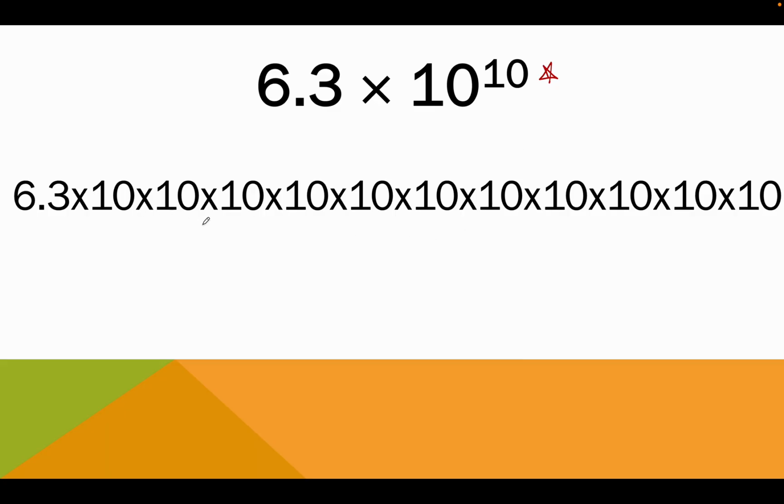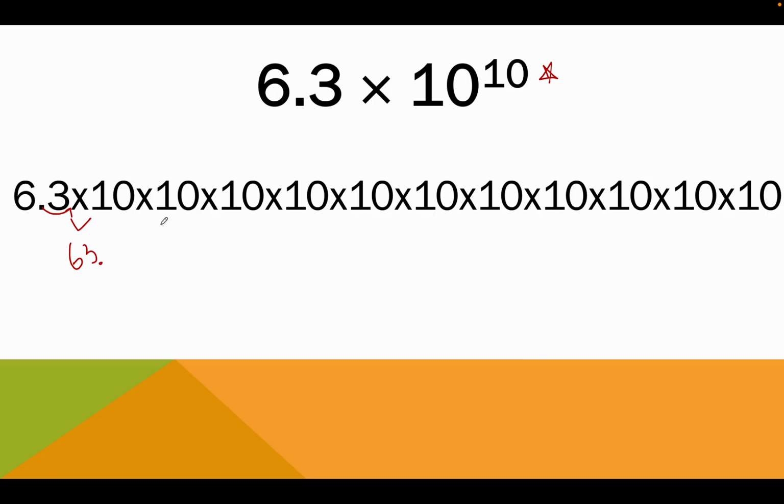So instead of doing all this out by hand, if you think about what happens when you multiply 6.3 by 10, 6.3 times 10 is 63. So essentially, what happened is that this decimal moved over to the right one space and is now behind the 3.